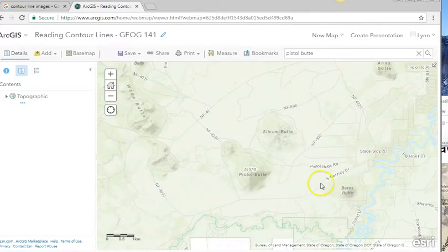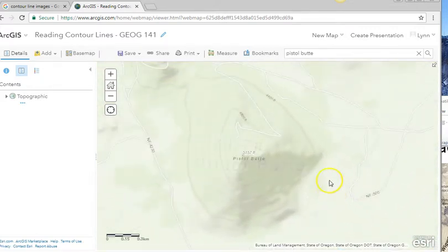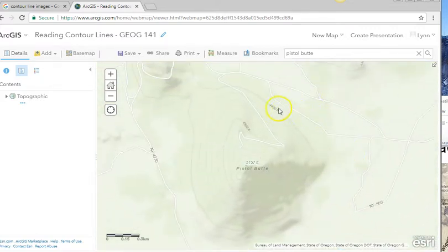And turn that off. And so with Pistol Butte, okay, there's 4,400 feet, there's 4,800 feet. And so 1, 2, 3, 4, 5 contour lines in 200 feet. So each of these is 40 feet.